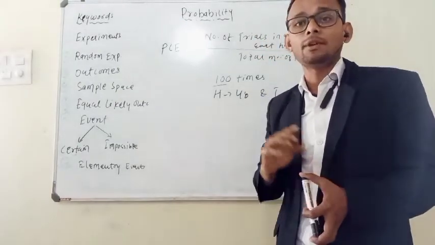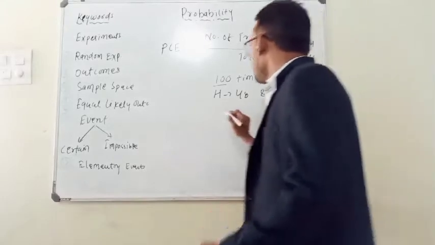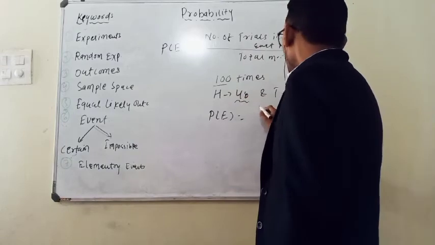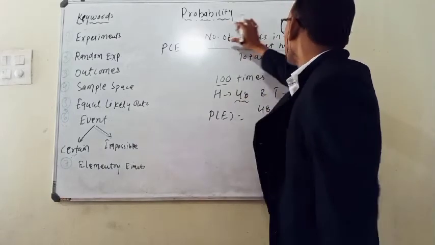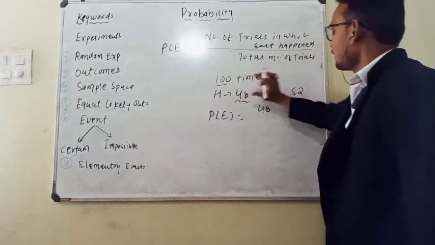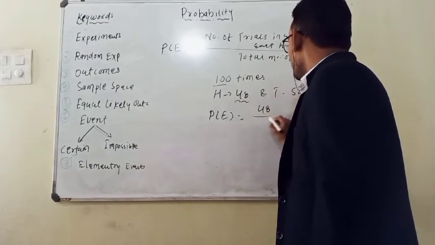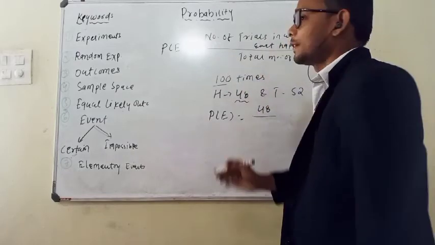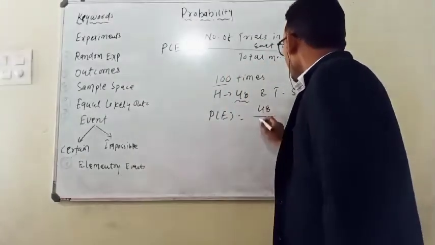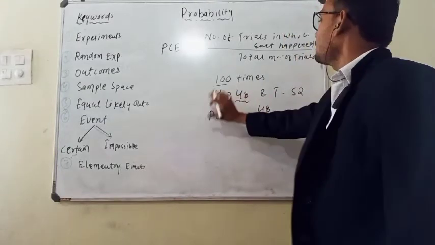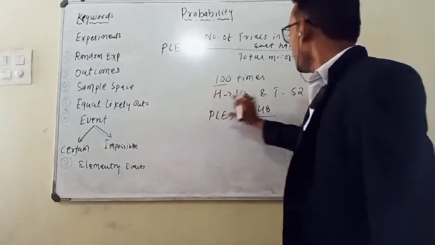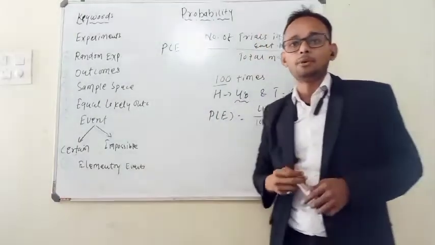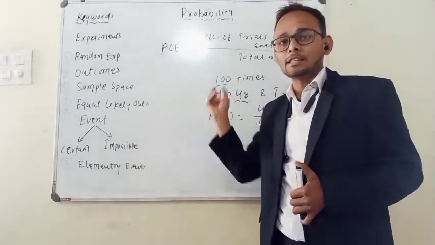The probability of getting head, P(E), is equal to the number of trials in which the event happened, which is 48 times, divided by the total number of trials. We tossed the coin 100 times. So the probability of head is 48 upon 100. This is how we did it in the experimental approach in class 9.